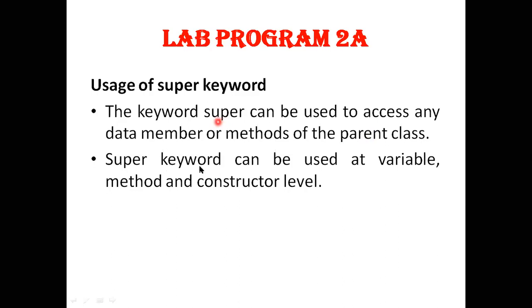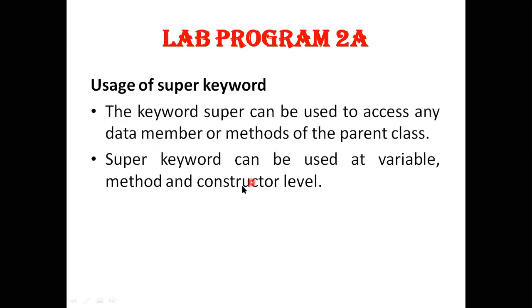The super keyword can be used at variable level, that means to access any data member of the parent class. It can also be used to access a method of a parent class, and the constructor of the parent class.